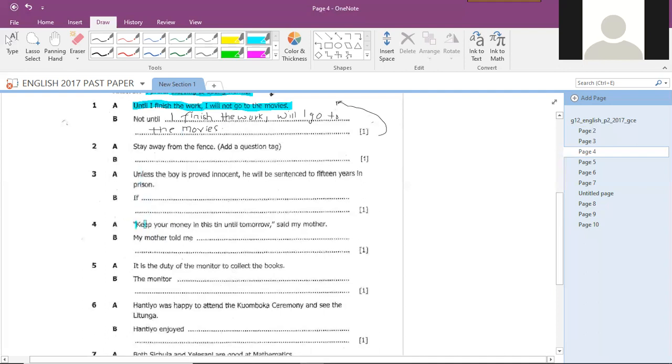It says, keep your money in this tin until tomorrow, said mother. So this is actually reported speech. Now you have to convert this to direct speech. So there is a clue. Keep your money in this tin until tomorrow, said mother.